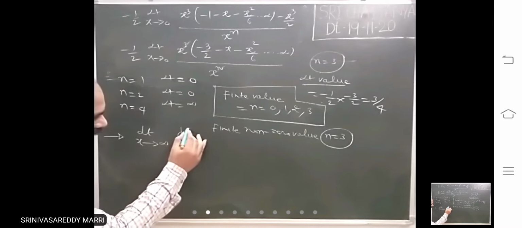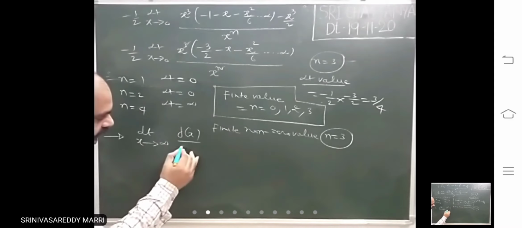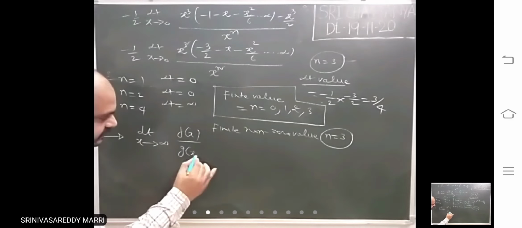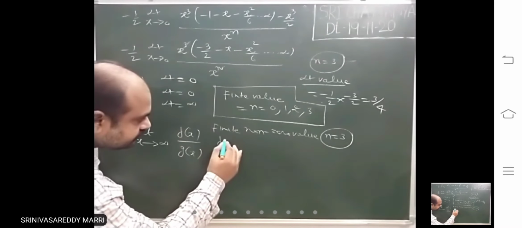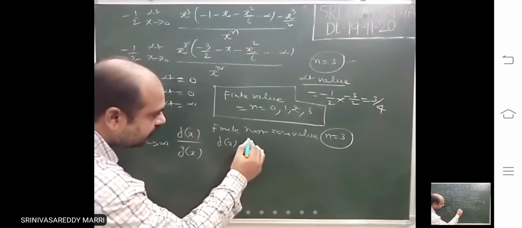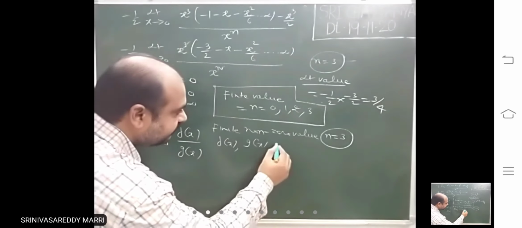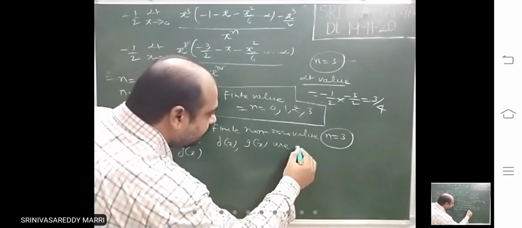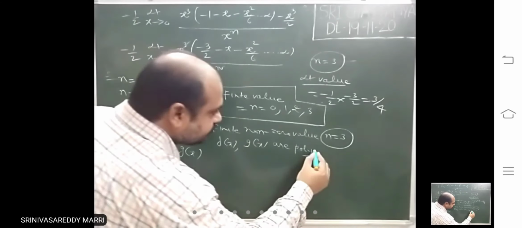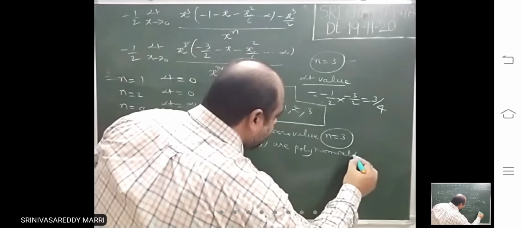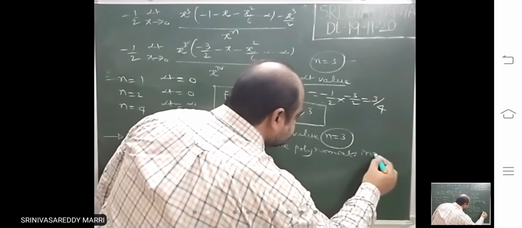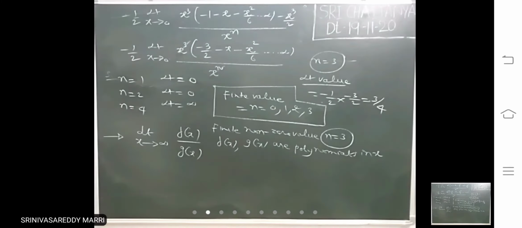Suppose there are two functions like this, f of x divided by g of x, where f of x and g of x are polynomials in x.